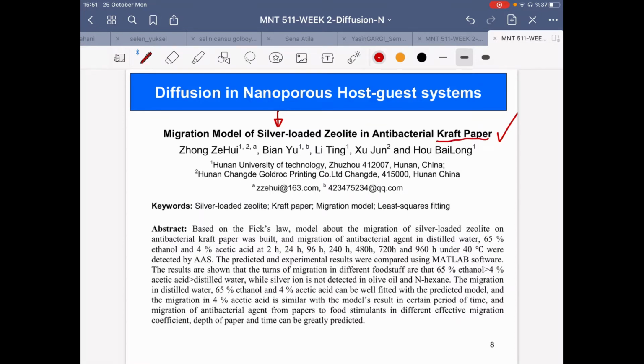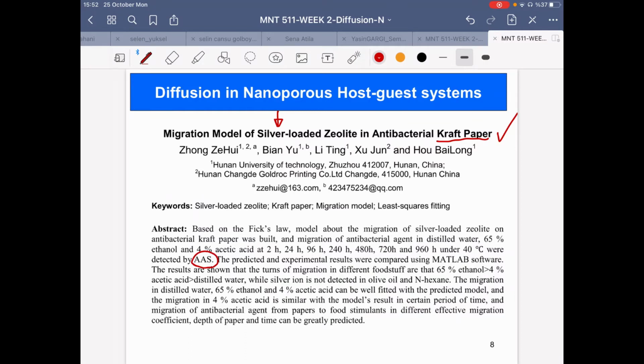For example, it's used in kraft paper here, so you have to think about the whole diffusivity of the silver in zeolite into kraft paper and so on. In the abstract of a paper like this, they say that based on Fick's law, a model about the migration of silver-loaded zeolite on antibacterial kraft paper was built, and the migration of antibacterial agents, this silver, ethanol, and this much acetic acid were detected by AAS.